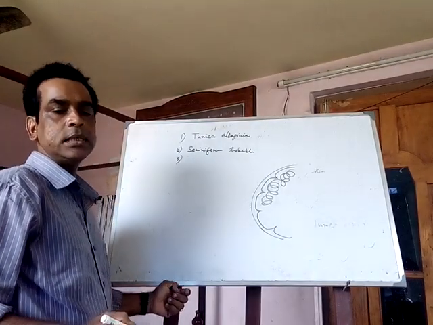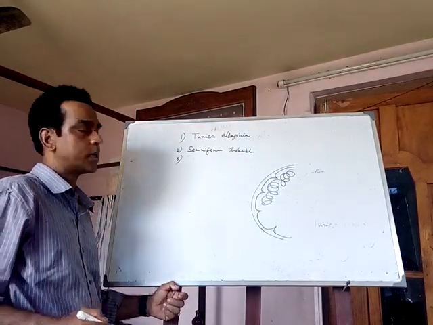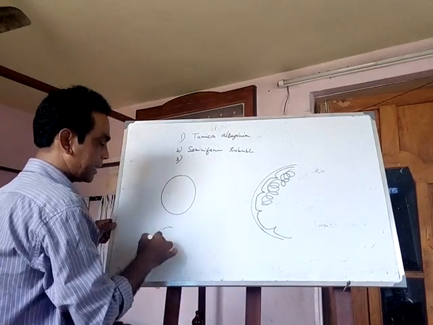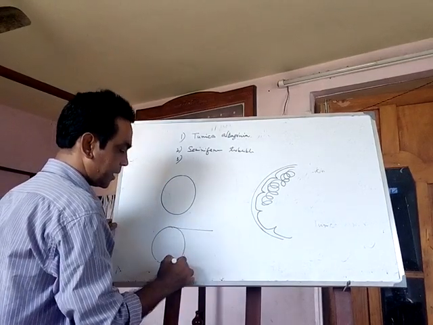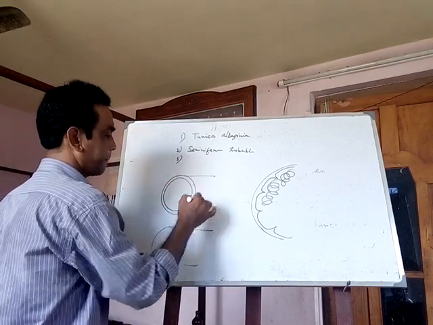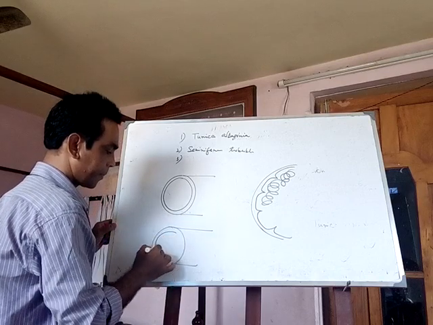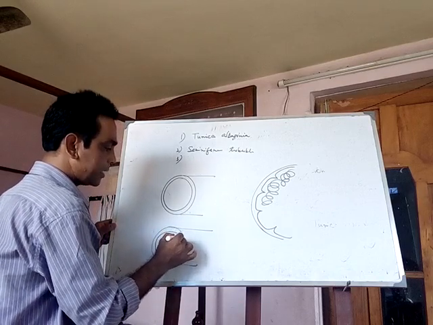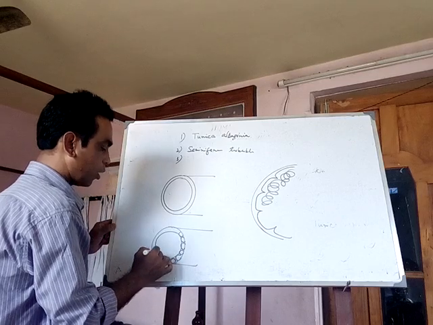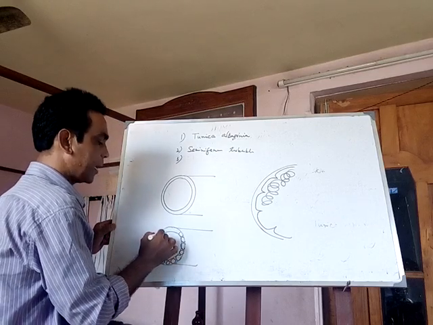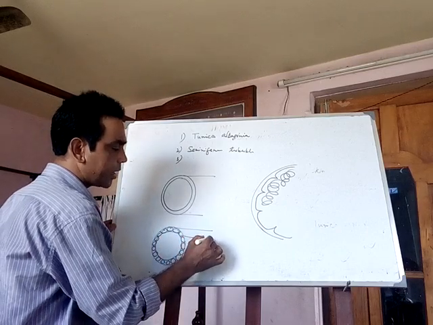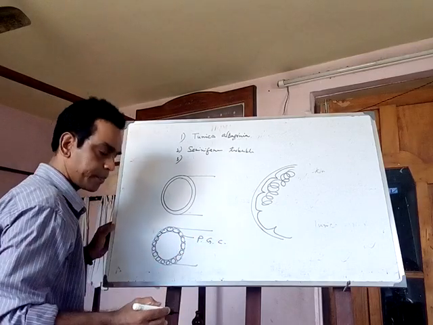All the cells that make up the wall of the seminiferous tubules are called primordial germ cells, that is, primordial germ cells.